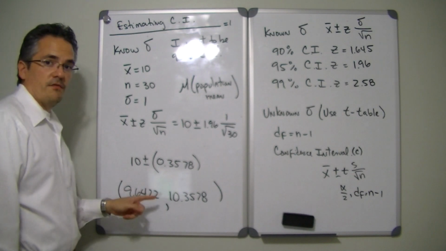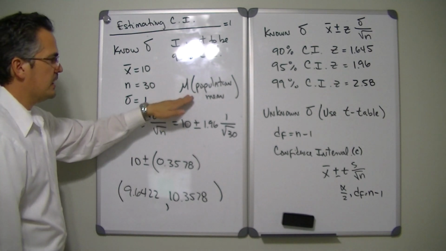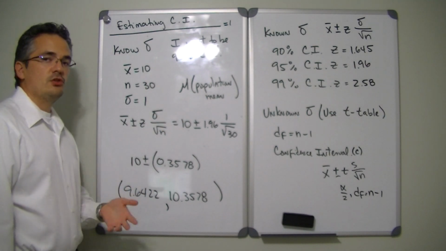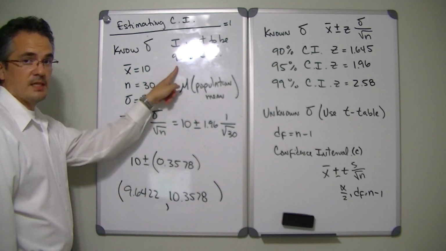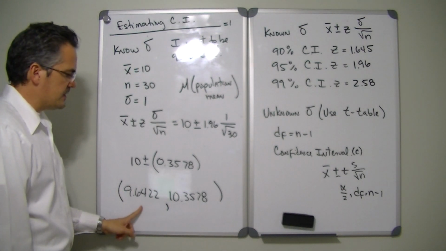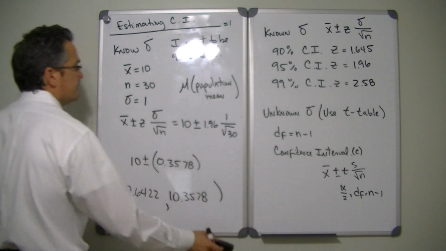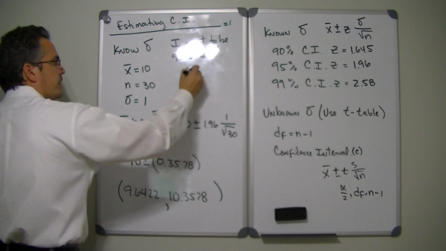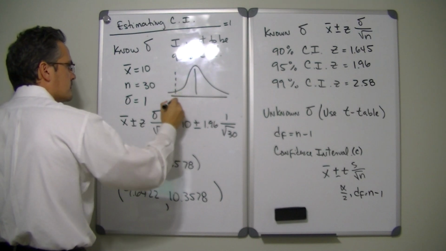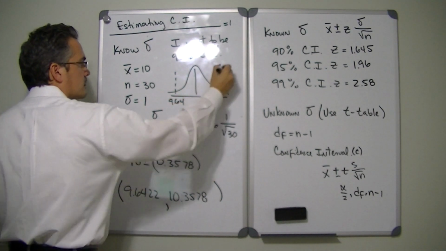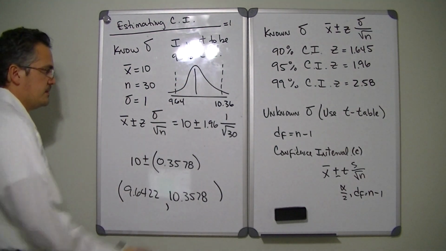But since you constructed a confidence interval of 95% certainty, if somebody asks what the population mean is, you can say, I don't know, but I am 95% confident that it is between 9.64 and 10.36.